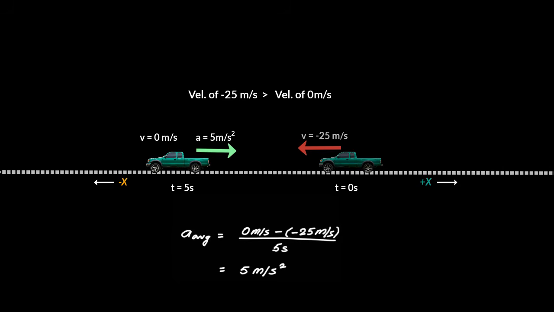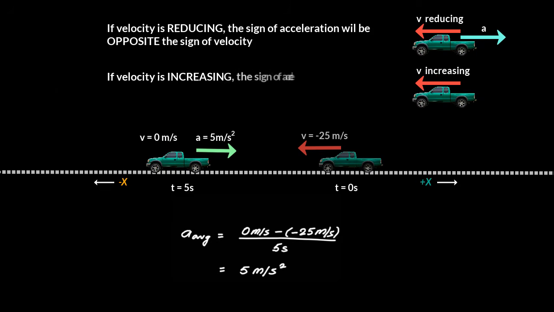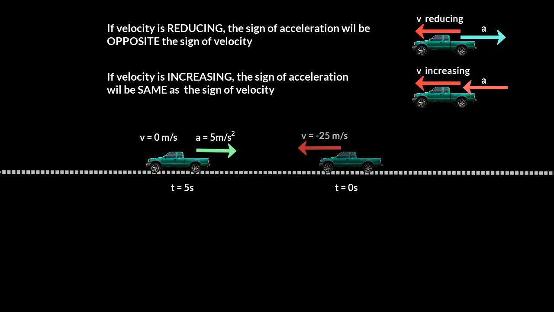So a velocity of minus 25 meters per second is greater than 0 meters per second. So you need to be very clear about this, and then remember that if the velocity of an object is reducing, the sign of acceleration will always be opposite the sign of velocity, and if the velocity of the object is increasing, the sign of acceleration will always be the same as the sign of velocity.